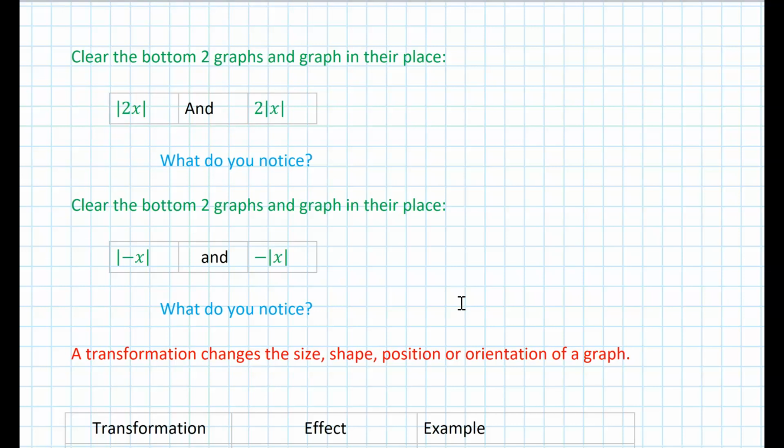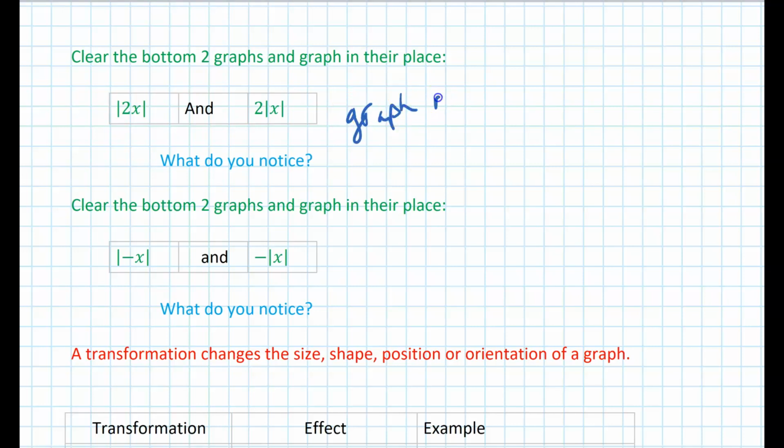Like it shrinks. Okay, so the graph narrowed for both of them. Did it end up graphing the exact same outcome? Yes. Okay, so we're just going to say for now that the graph narrows. Did the vertex move? No.